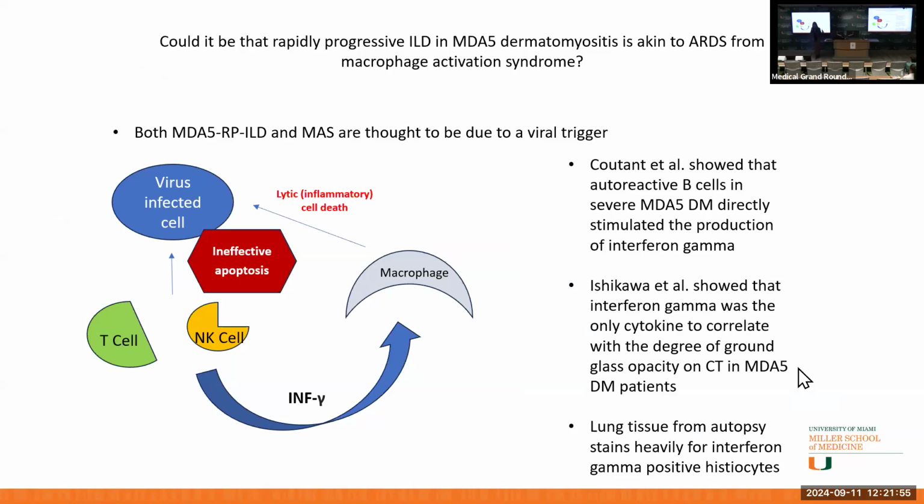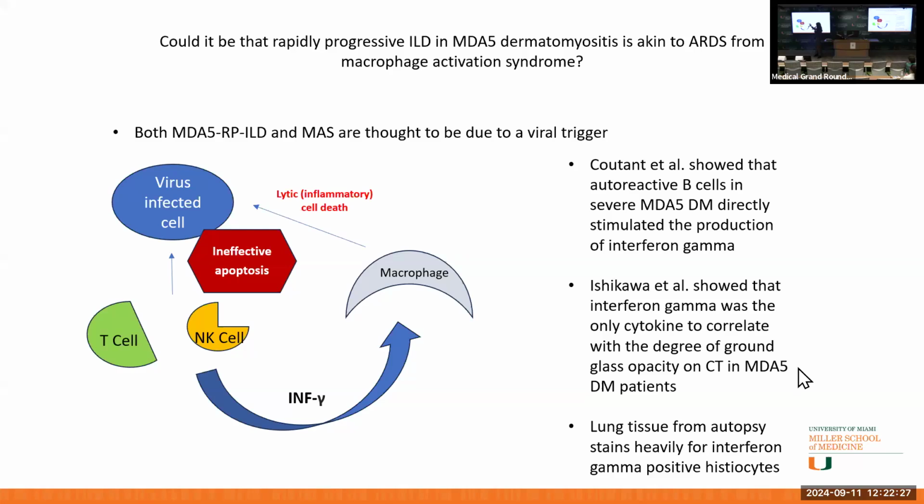So we think there's a couple reasons that this theory may be true. And like I said, MDA5 does often get full-blown, meets criteria for macrophage activation when they have this phenotype. But basically, they're both thought to be due to a viral trigger. You essentially get this virus-infected cell, and then T cells and NK cells, which are supposed to get rid of that cell via a very non-inflammatory way, have ineffective apoptosis for reasons underlying the disease that we can't get into.